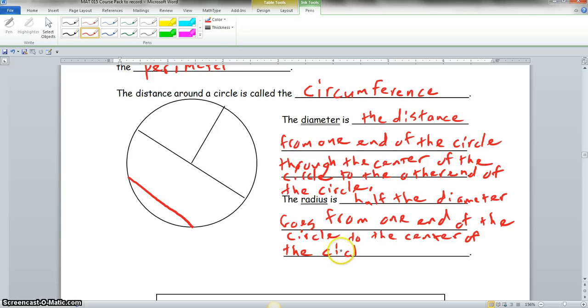So again, it's half the diameter and it goes from one end of the circle to the center of the circle, and that's the radius.